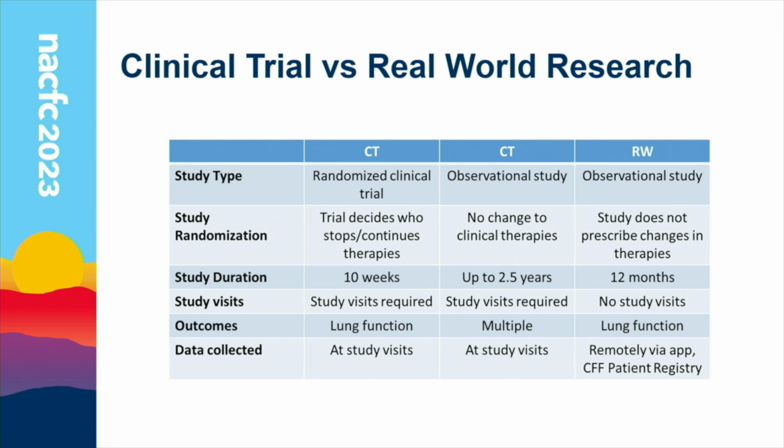In a randomized clinical trial, the traditional trials that we're used to conducting, the trial decides who and when things happen based on the protocol. Minimally, study duration lasts 10 weeks, up to multiple years at times. Study visits are required. Data is collected at those study visits, and a primary outcome is typically lung function.